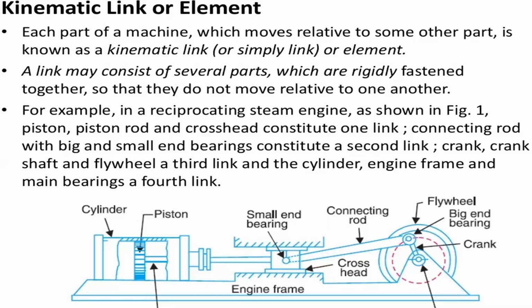That is the kinematic link here. Each and every element has a kinematic motion, a simple motion used to move the other part. That is known as a kinematic link.